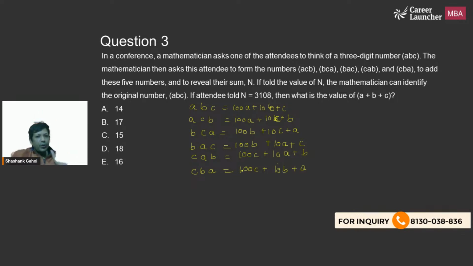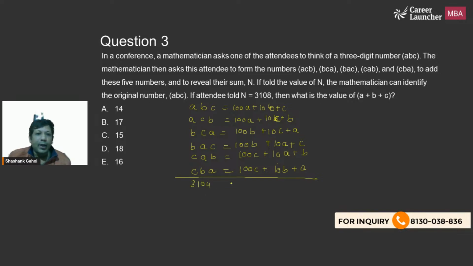So what is going to happen? He asked people to add all the numbers and reveal the sum. Right? So basically he's adding all the numbers and he's getting the sum as 3104.